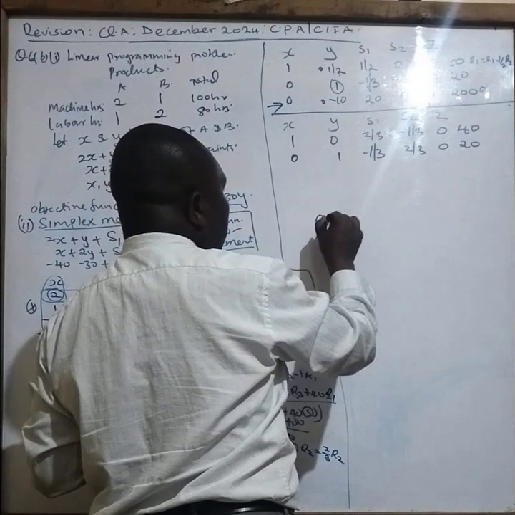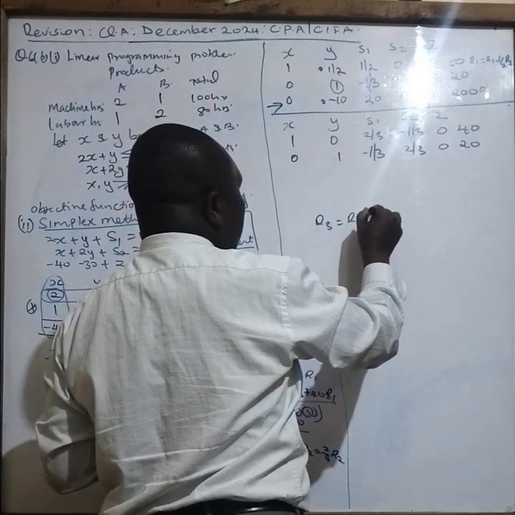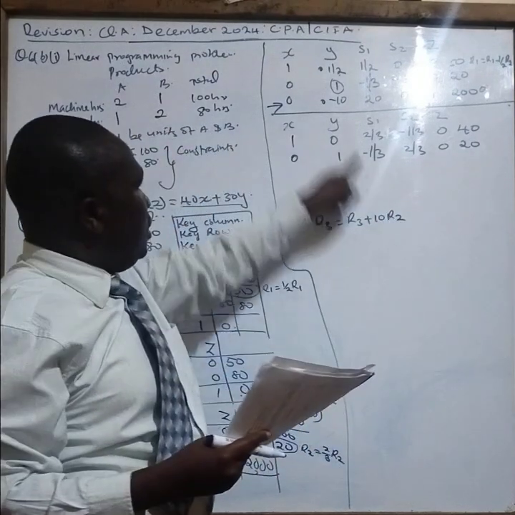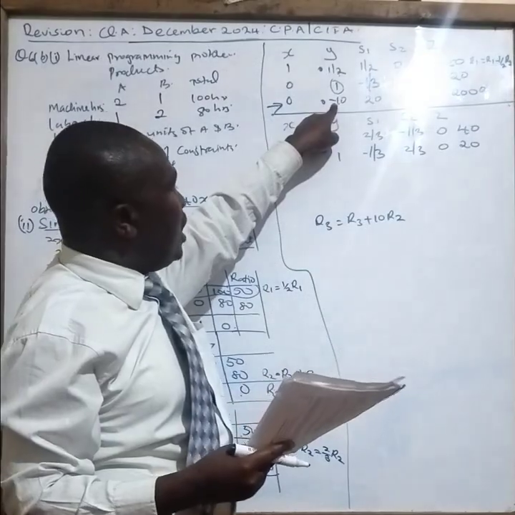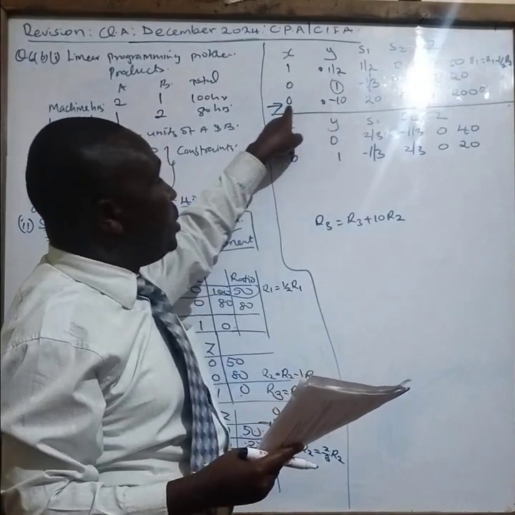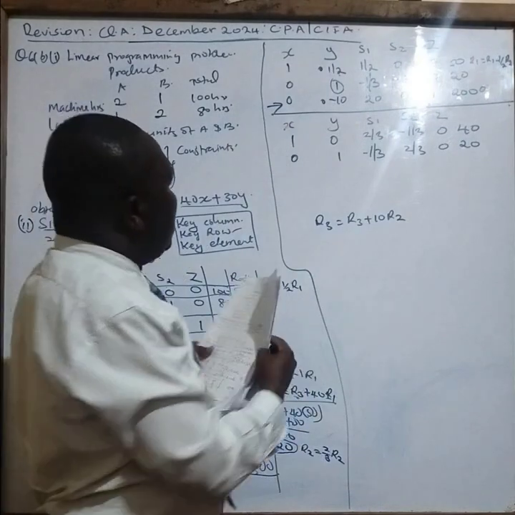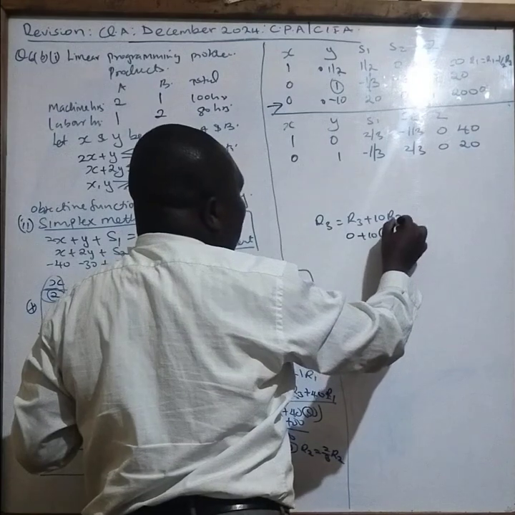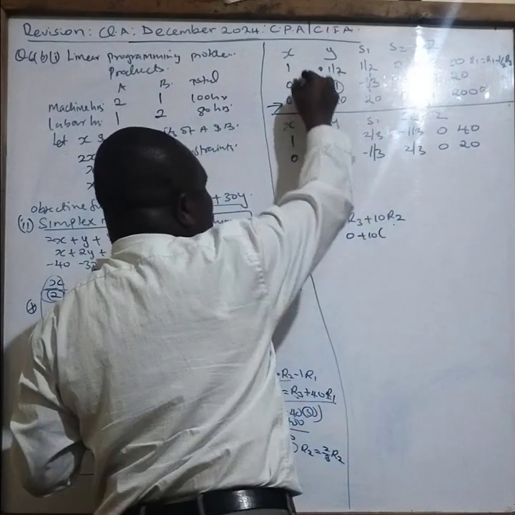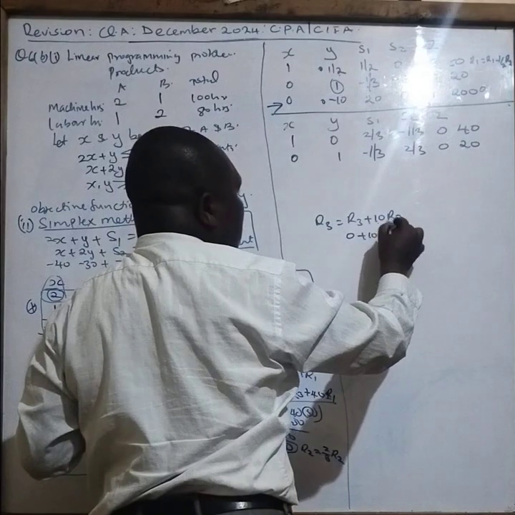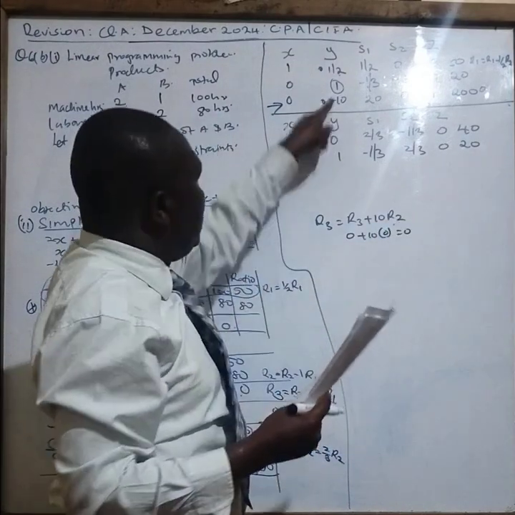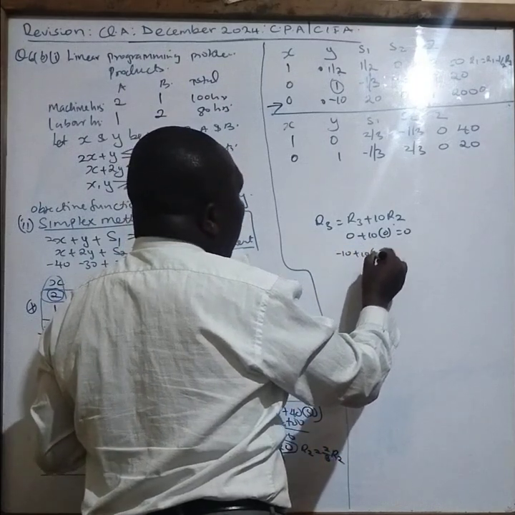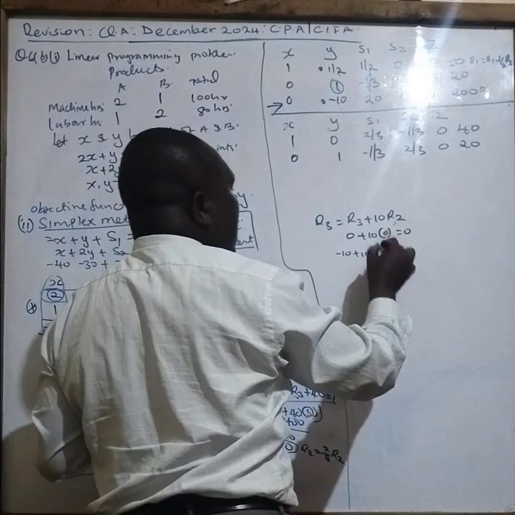The first one, I'm saying row 3 will be equal to row 3 plus 10 times row 2. But when I'm here, I am making this one 0. But I have to begin from here. So when I substitute this first one, it will be 0 plus 10 times r2, which is this one here, gives you 0. This is negative 10 plus 10 times r2, which is 1 there.